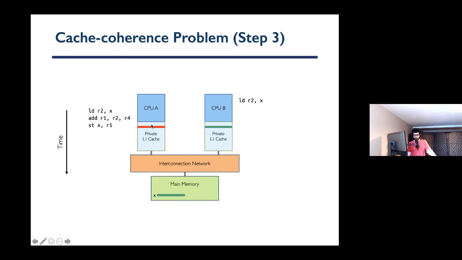But at this point, let's assume that the write is only being written to my private cache because that's where the data is. So I just write it to my cache. So now this data has been changed. And now I'm done. Thread A is done. It releases the mutex.